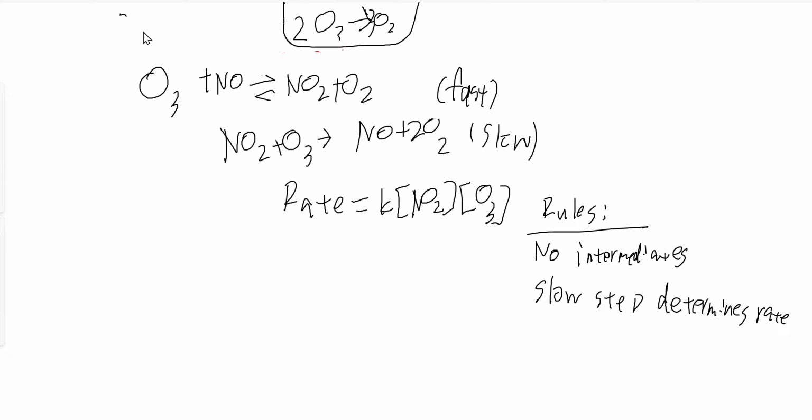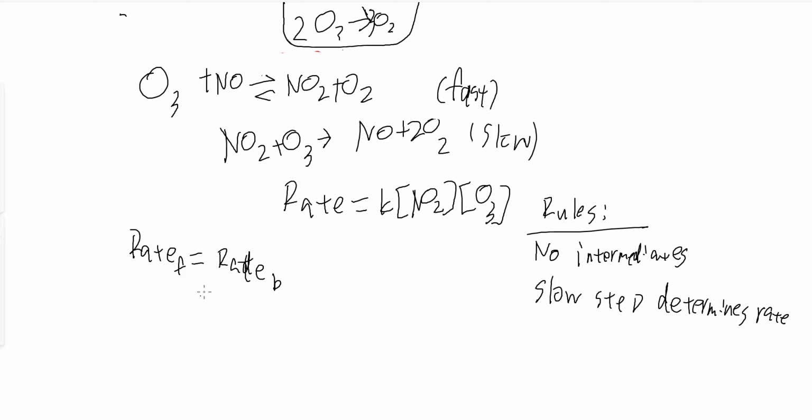Basically, this says that the rate forwards is equal to the rate backwards. In other words, this top reaction reaches equilibrium before the bottom reaction can finish.